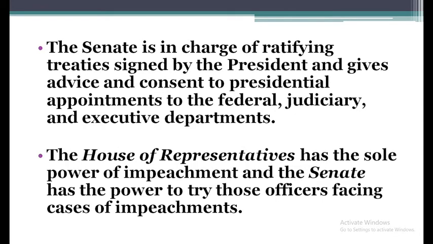The Senate again is in charge of ratifying treaties signed by the President and gives advice and consent to presidential appointments to the federal judiciary and executive departments. In short, all important treaties and appointments made by the President are to be approved or ratified by the Senate, which is the second chamber of the Congress.